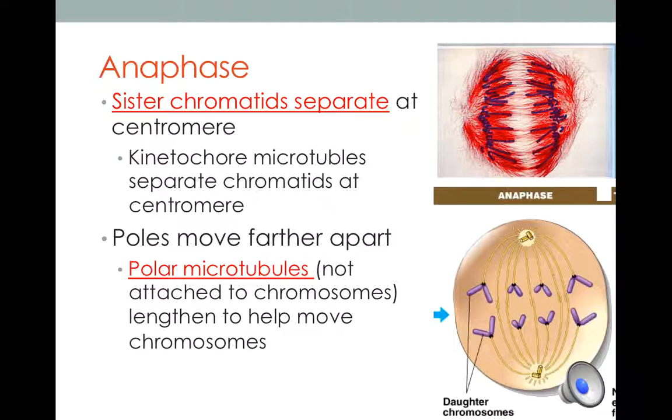The kinetochore microtubules are going to shorten in length, pulling the chromatids, now newly formed chromosomes, apart towards each pole of the cell. There are some other microtubules or spindle fibers as well called polar microtubules, also known as non-kinetochore microtubules. They're actually going to lengthen to help push the cell even further apart so that the poles can become completely separated from one another.